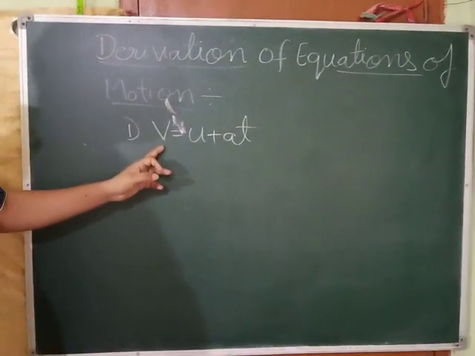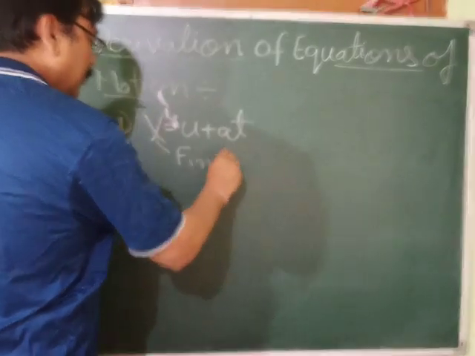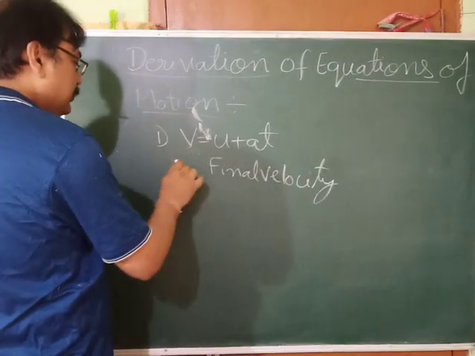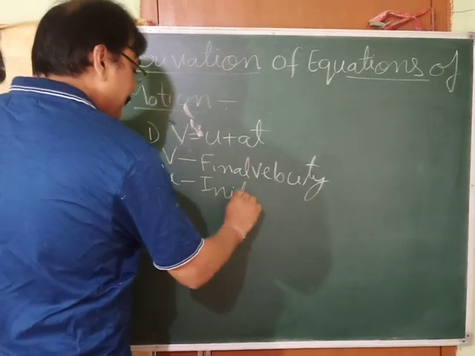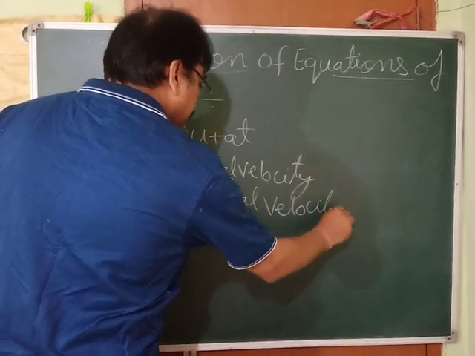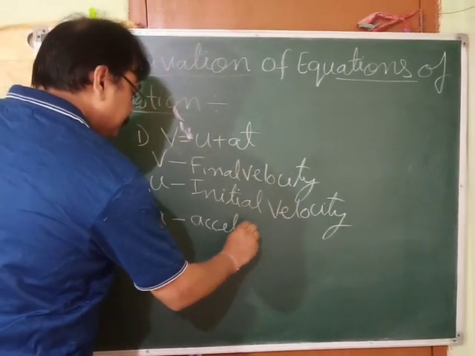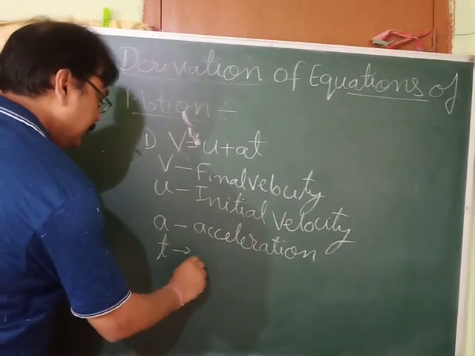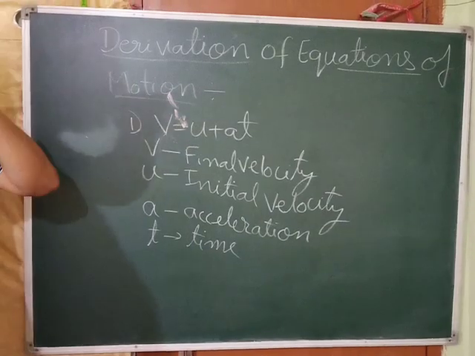Now what is v? v is the final velocity, u is the initial velocity, a is the acceleration, and t is the time. So these things are there in this first equation.